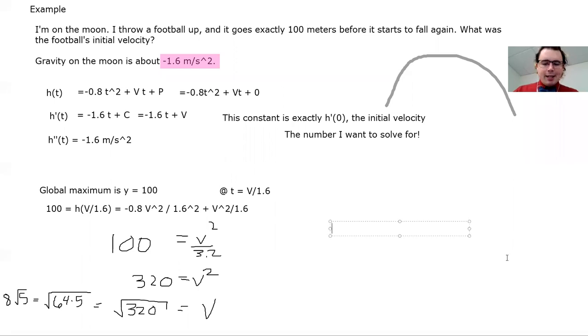So my velocity is 8 square root of 5 meters per second. That's my answer. Or if you would like a decimal expansion, that's fair. What is the square root of 320? 17 point, let's round up, so call it 17.9.